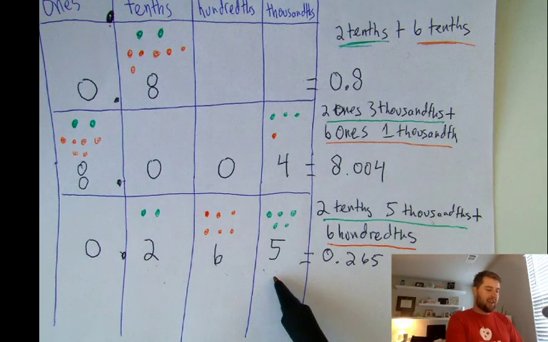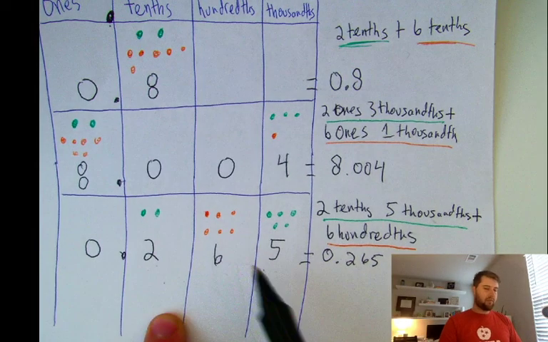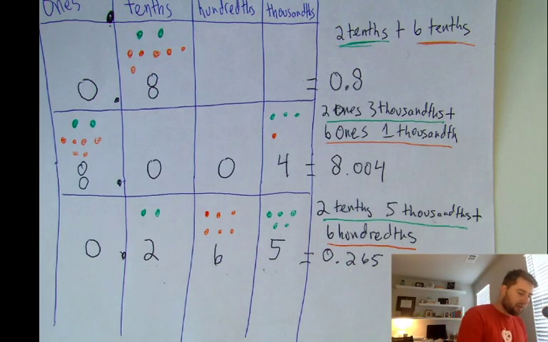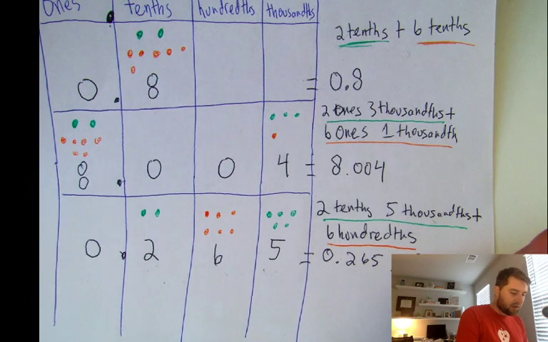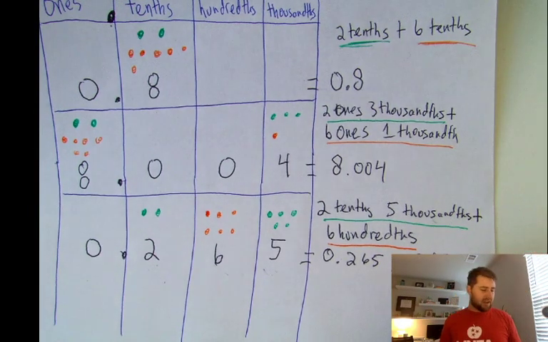So 265 thousandths. I'm going to put this down here as a note. If we had a fraction, it would be 265 over 1,000. Just because we remember that number right here is not a whole number, so it is less than 1. That's how we get a decimal or a fraction.